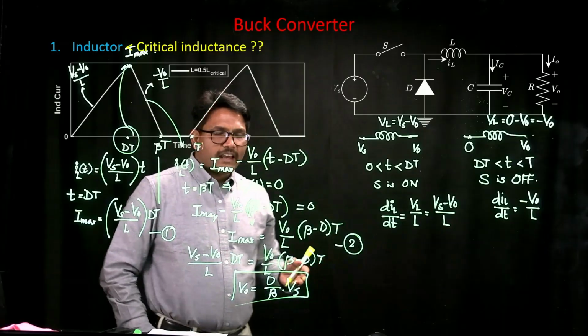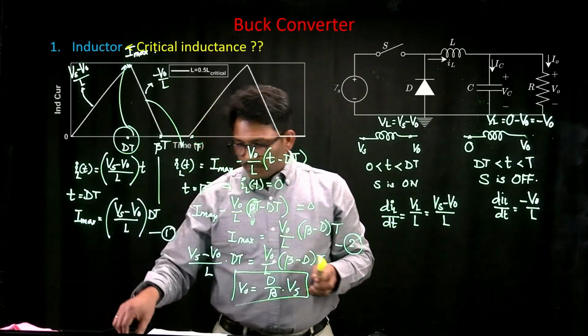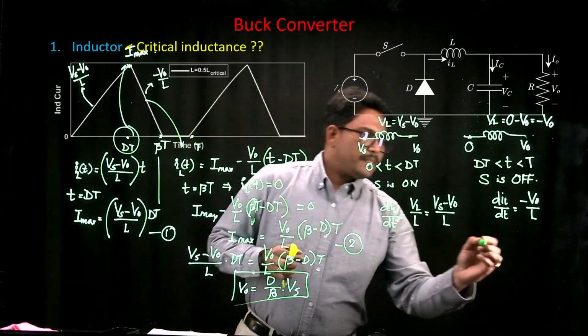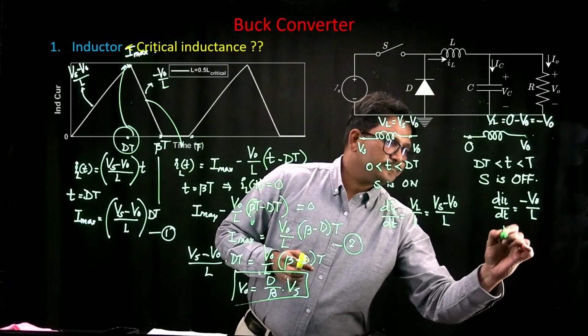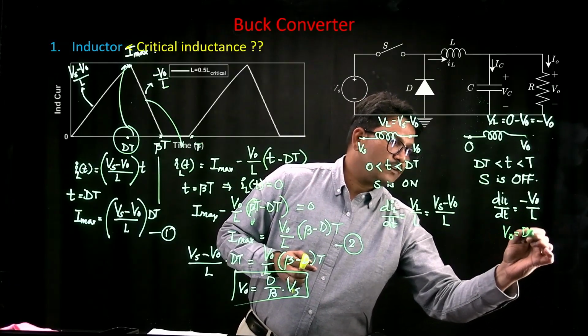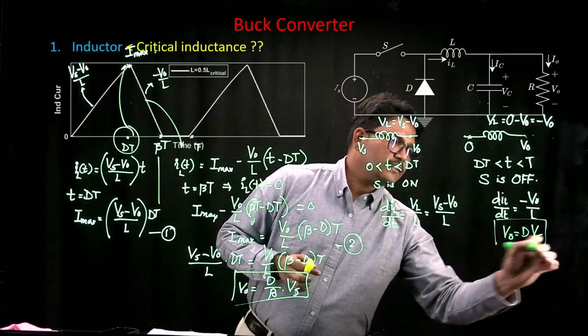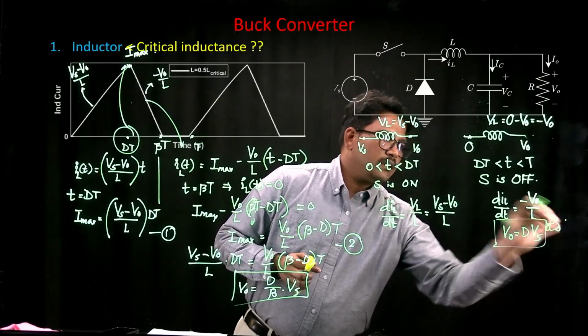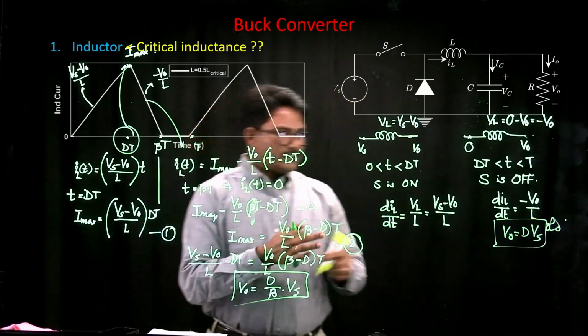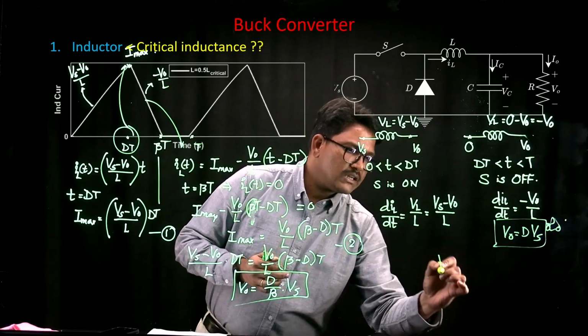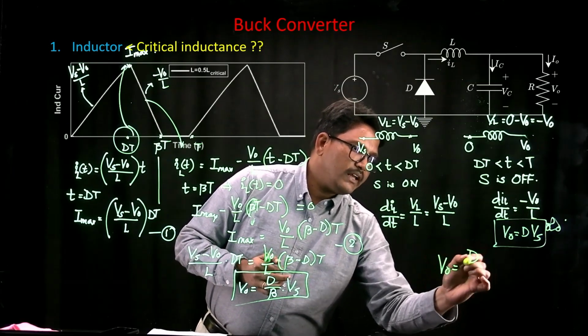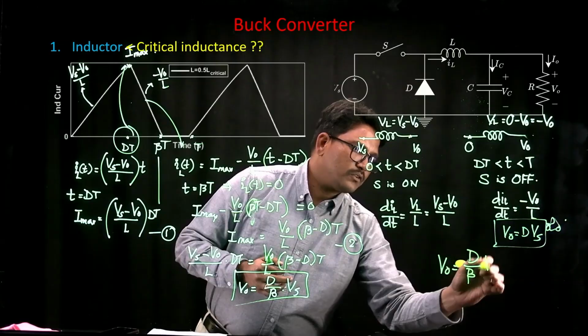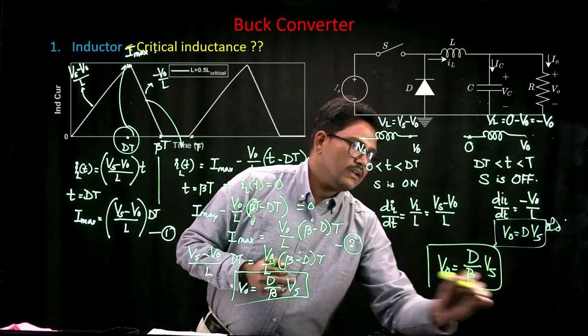In the previous case, when you had a continuous conduction mode, there you said that my V naught is d times Vs. So this is the old one. And now what we are getting is that the output voltage is d upon beta times Vs. It's a different one.